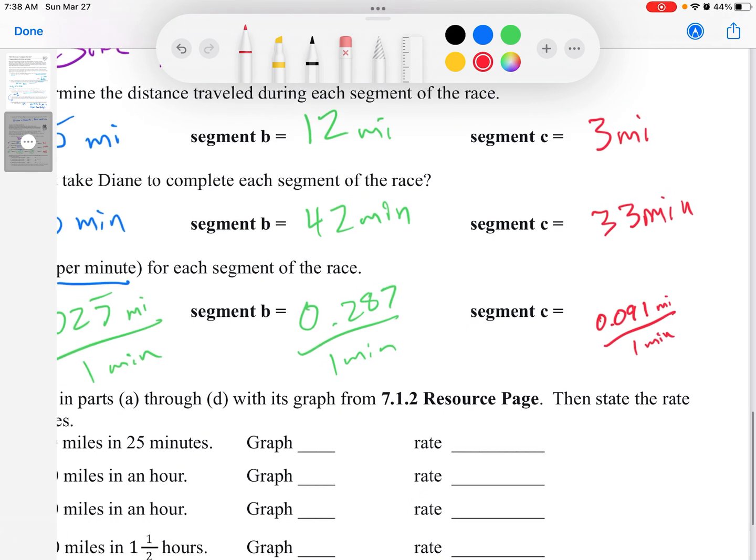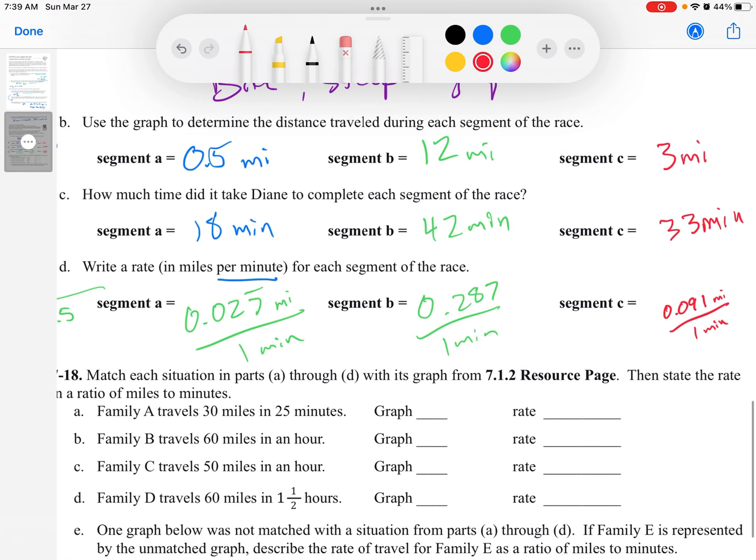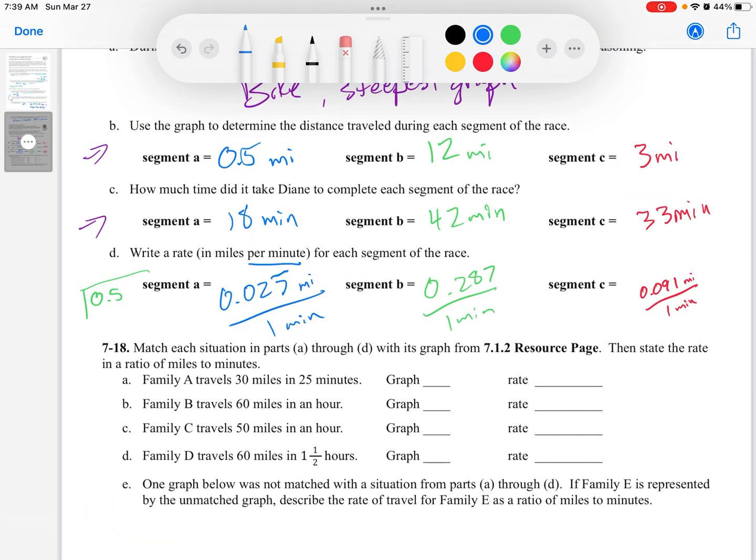Okay, so now we can see who's the fastest by just saying how many miles were accomplished in each minute. Looks like the green did more, right?